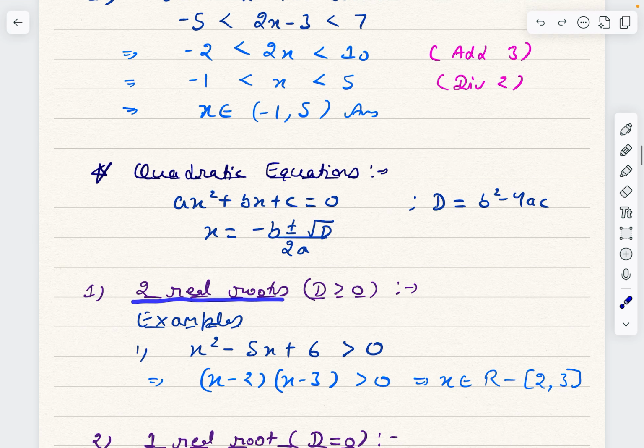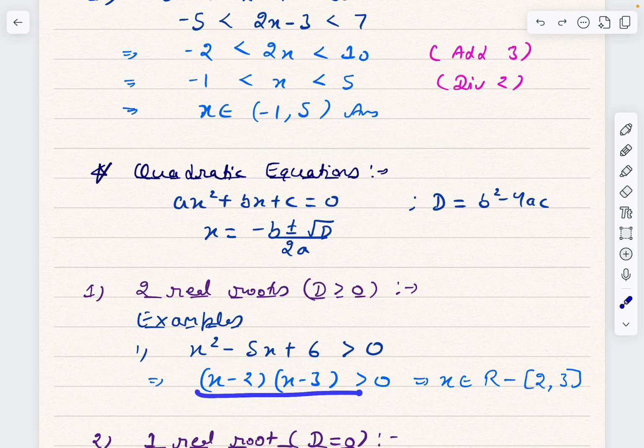See what kind of questions we have here. For example, x square minus 5x plus 6 greater than 0. So we have a quadratic equation. We find the roots. You know how to find roots? Roots will come out to be 2 and 3. So we can factorize this as (x minus 2) into (x minus 3), and this is greater than 0.